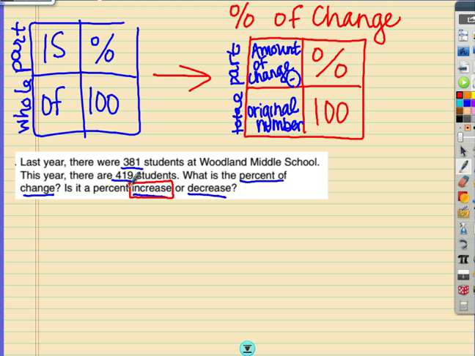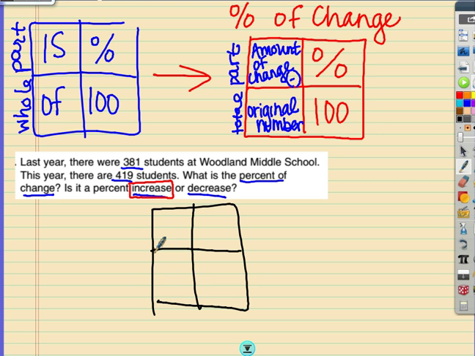Let's go ahead and build our proportion box. We said percent is always a number out of 100, and it asks what the percent of change is. So I'm missing the percent part, and that's why my variable is going over the 100. On the bottom, I put the original value, before anything changed.